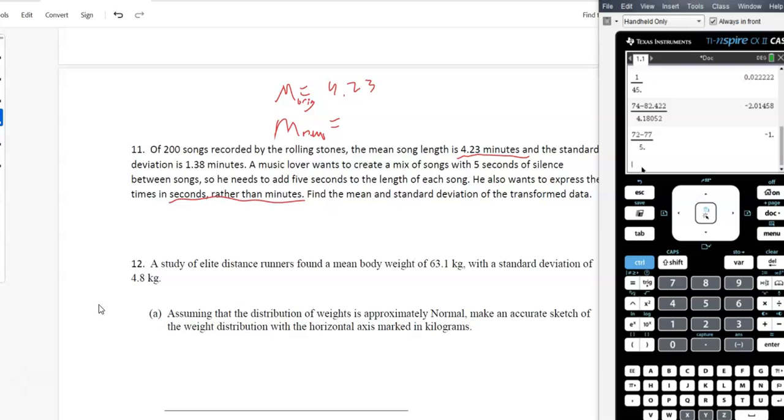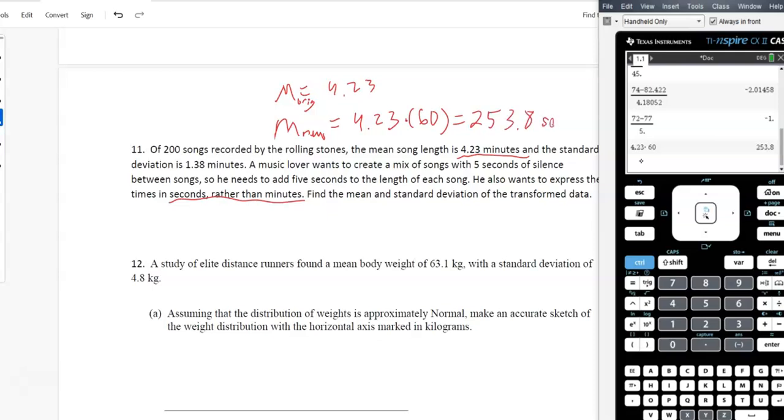Right, it was 4.23 minutes, now it'll be 4.23 times 60, which equals 253.8 seconds. I would show this work. Make sure to put the units there, especially on a question like this that is about the units.